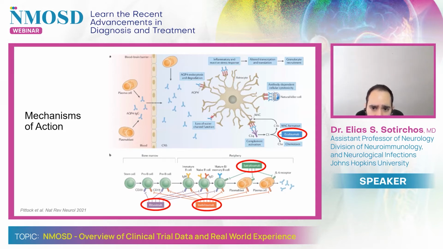It's termed an anaphylatoxin and has important chemotaxis effects in order to recruit inflammatory cells to a site of inflammation, as well as the formation of C5b, which forms the membrane attack complex, which can then poke holes essentially into targeted cells. Here, the target cell being the astrocytes, which express the aquaporin 4.